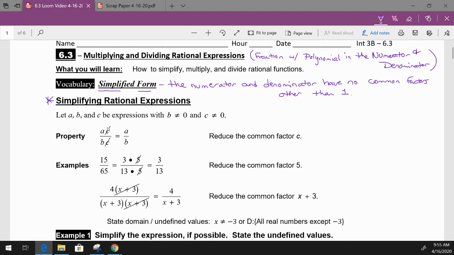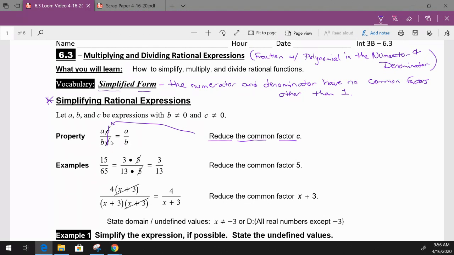This is just a property here that basically says if you have a times c in the numerator and b times c in the denominator, and there is a common factor of c, that common factor can be reduced. So they get reduced and cancel each other out, and then a over b is left over.